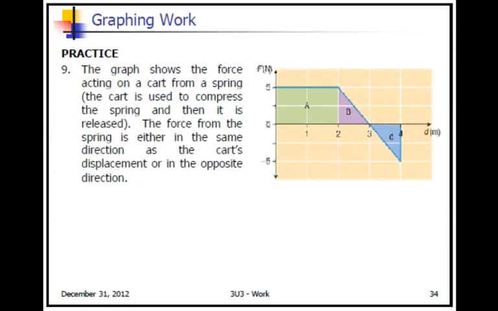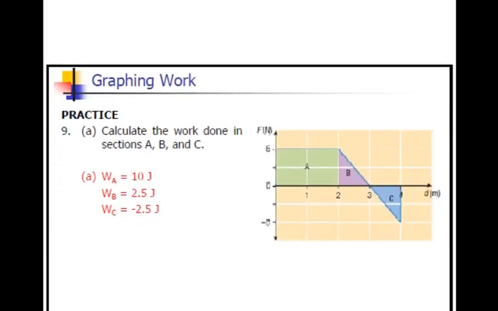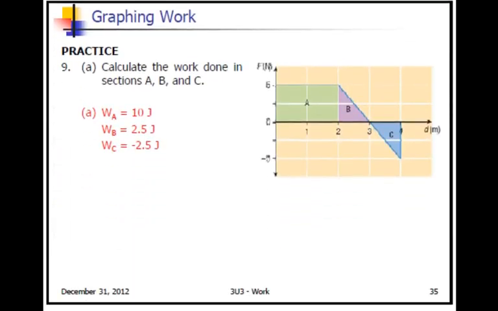And let's look at a problem here. The graph shows the force acting on a cart from a spring, and the force from the spring is either in the same direction as the cart's displacement or in the opposite direction. So we have an A, B, and C region on this graph. We're asked to calculate the work done.